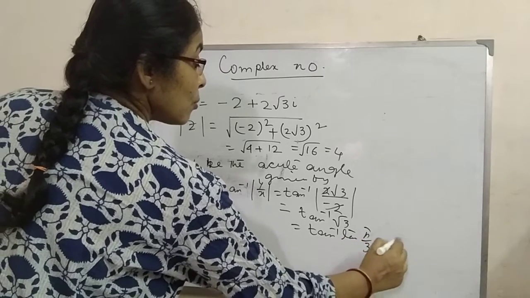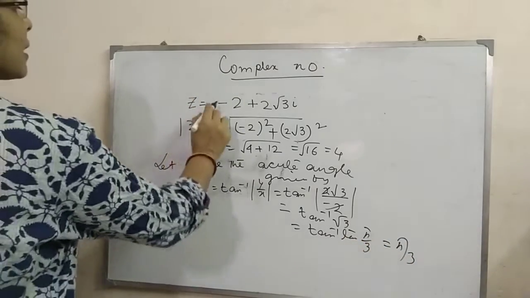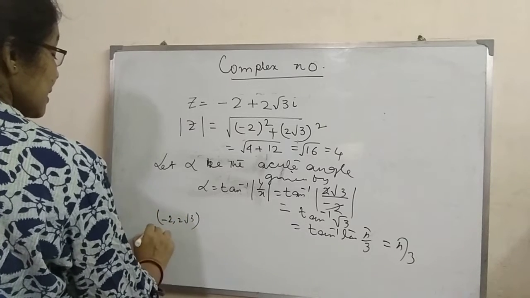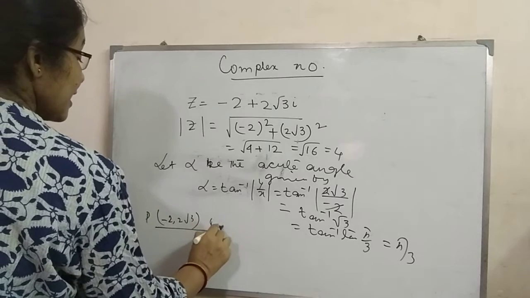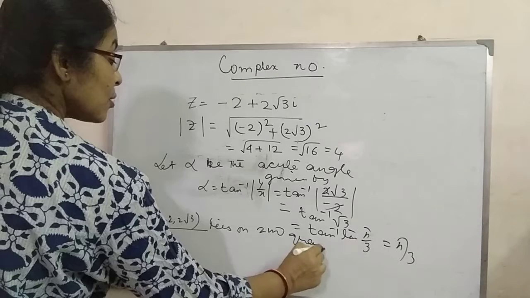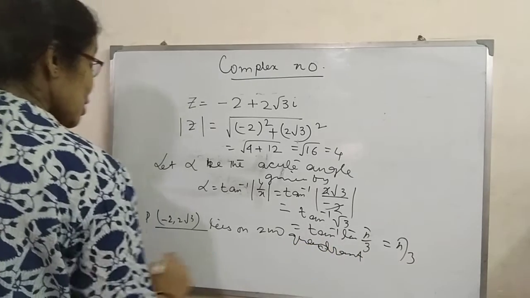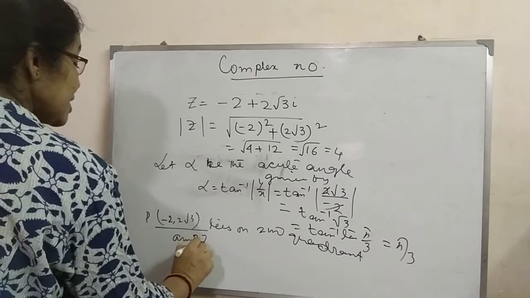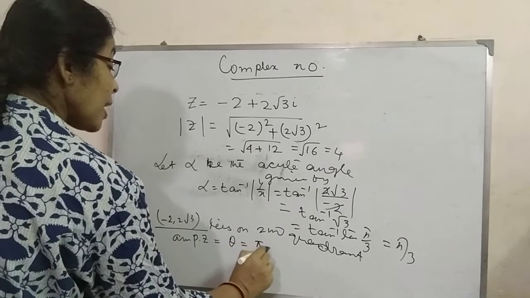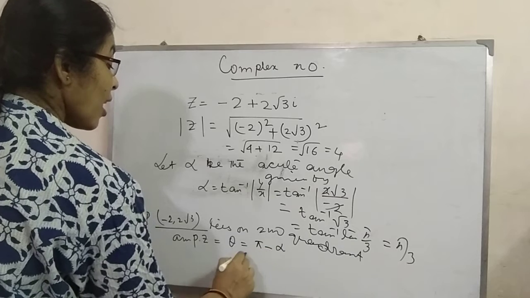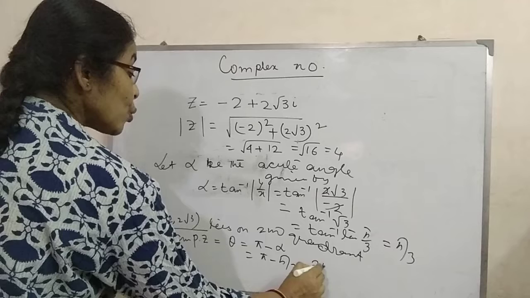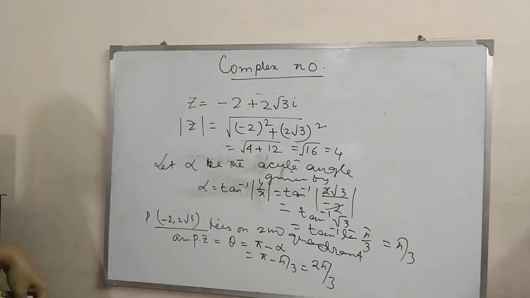But the point P, minus 2 comma 2 root 3, lies in the second quadrant, so amplitude z equal to theta equal to pi minus alpha, that is pi minus pi by 3, this is 2 pi by 3. Okay.